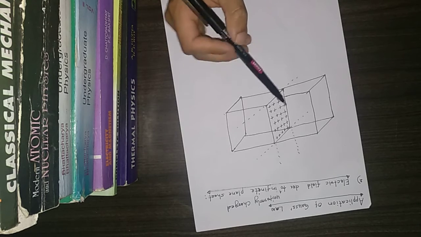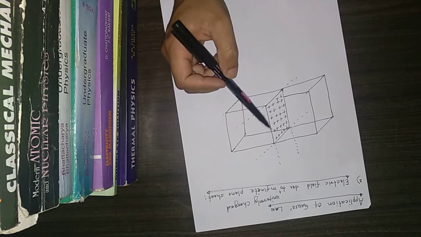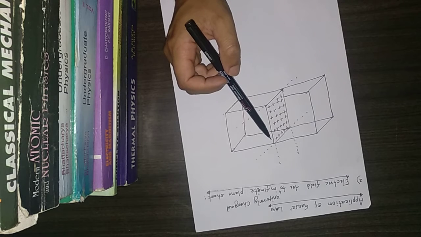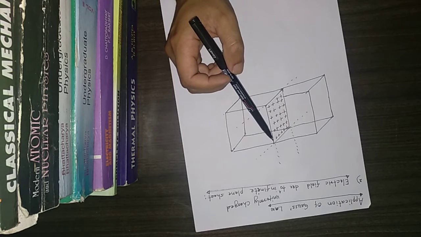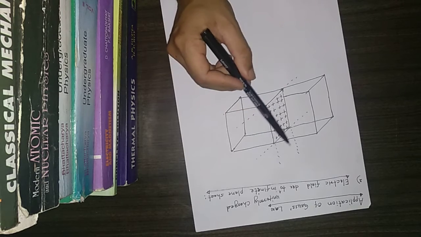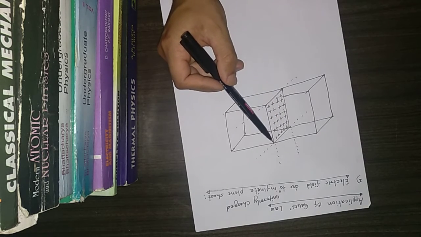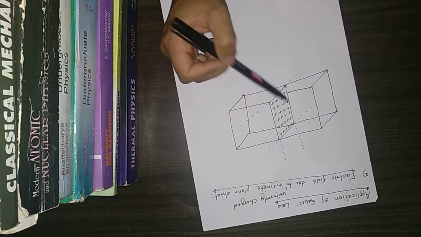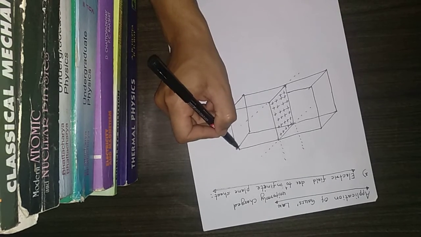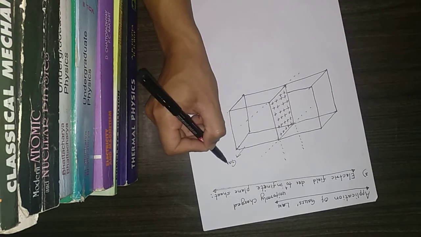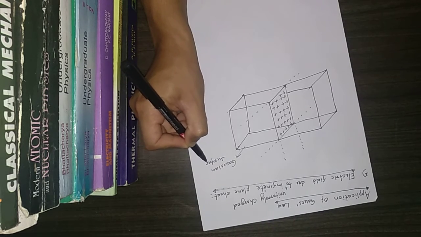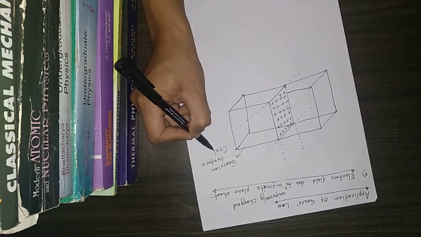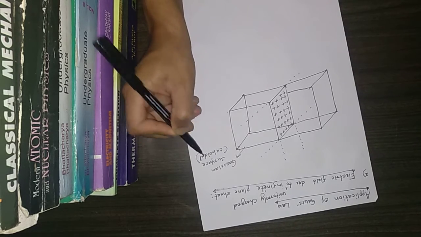It cannot enclose the whole infinite plane sheet, but it encloses this amount of plane sheet inside it, and this surface is your Gaussian surface, which is cuboidal in this case.